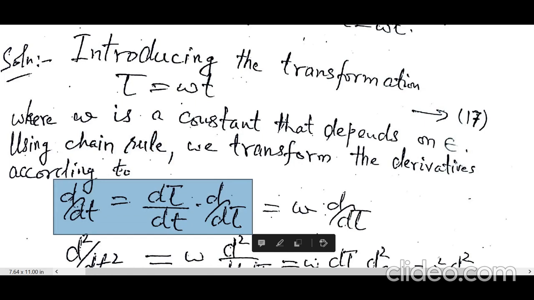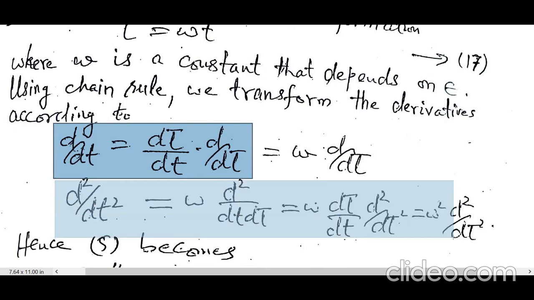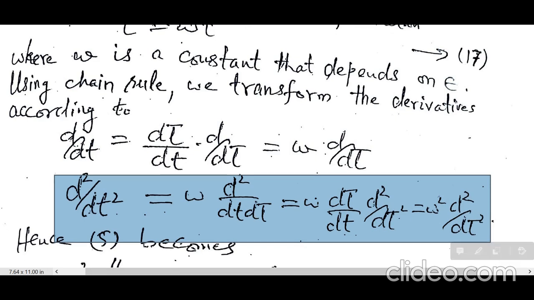Therefore d tau by dt will be omega, and this becomes omega d by d tau. Similarly, the second order derivative d2 by dt square will be equal to omega into d2 by dt d tau. Again, using the chain rule, we will get omega square d2 by d tau square.